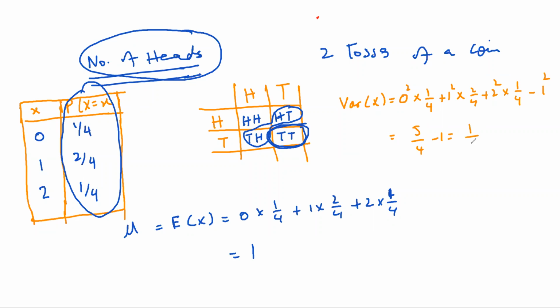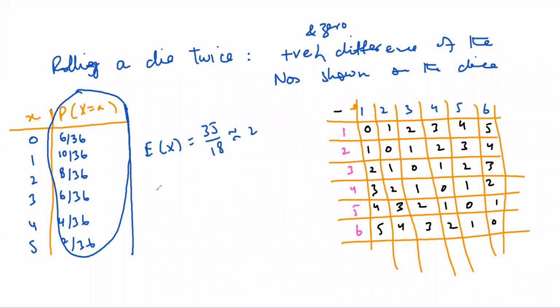This is 2 over 4, which is going to be 1 over 2. You can find the variance from this as well.